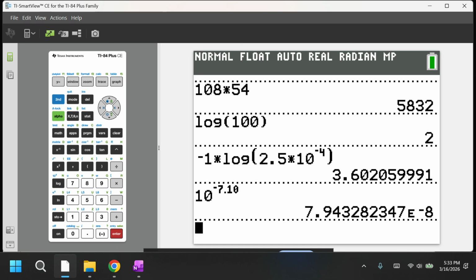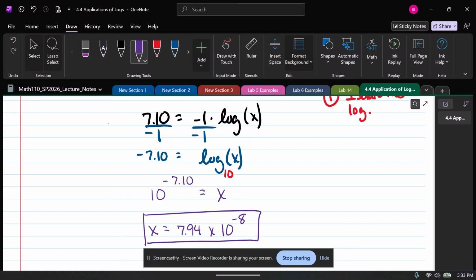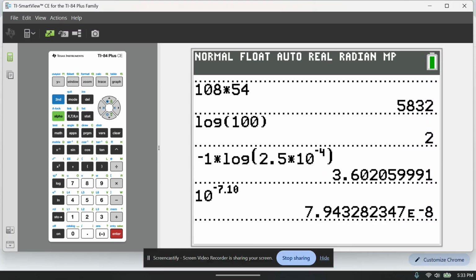It is the same as scientific notation. 7.94 times 10 to the -8. That's how you would write that. So that E takes the place of the times 10 to the power that's after that.